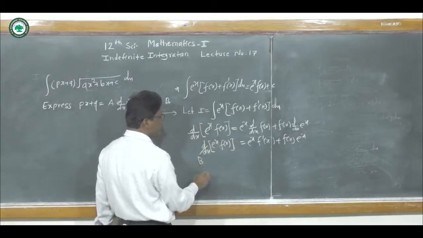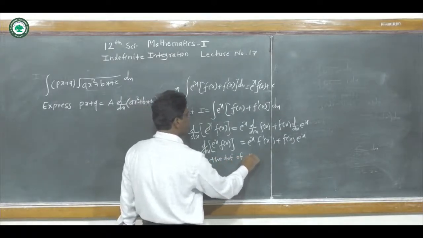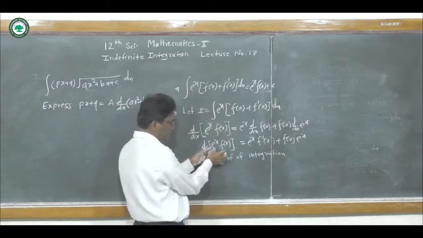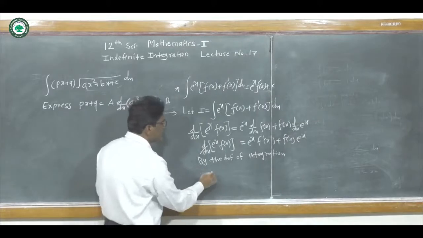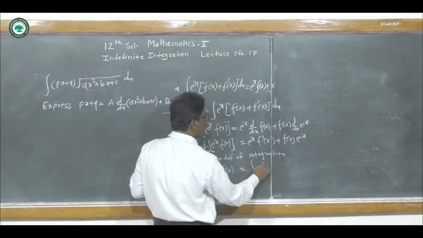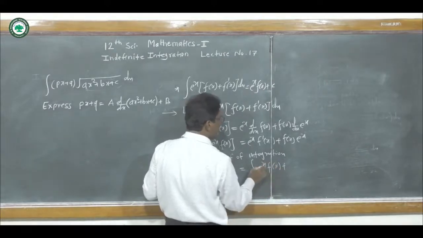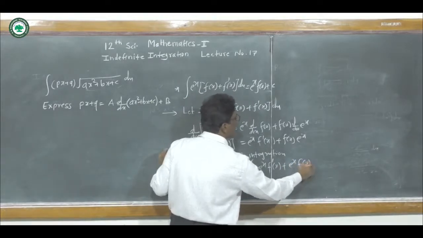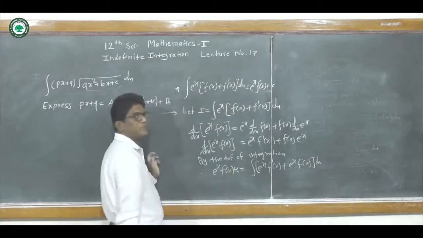Now by the definition of integration, derivative of this is equal to this, means integration of this is e to the power x f of x, and therefore e to the power x f of x is equal to integration of e to the power x f dash of x plus e to the power x into f of x dx, and here we write plus c as a constant of integration.